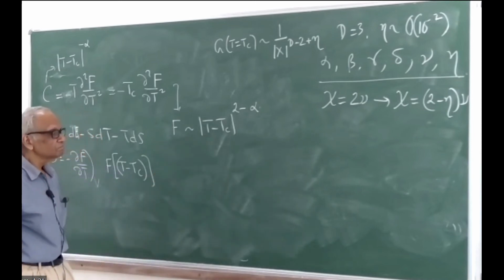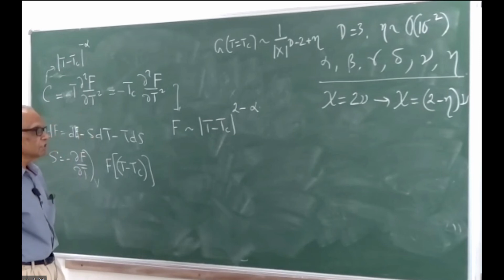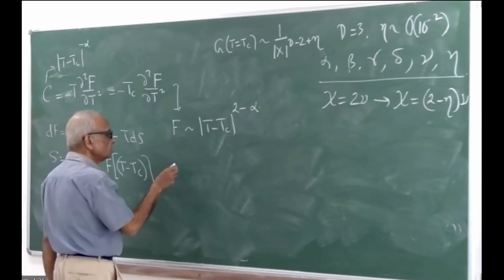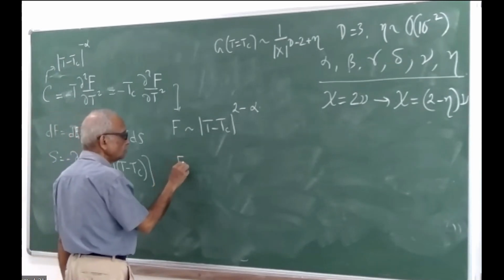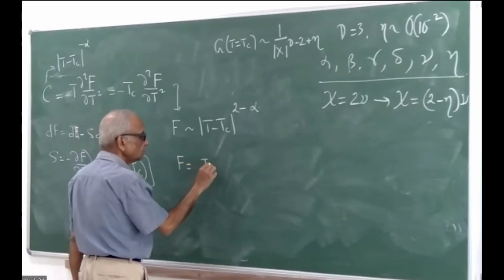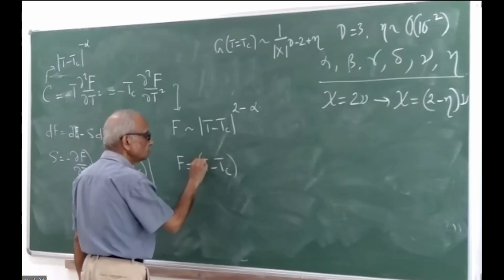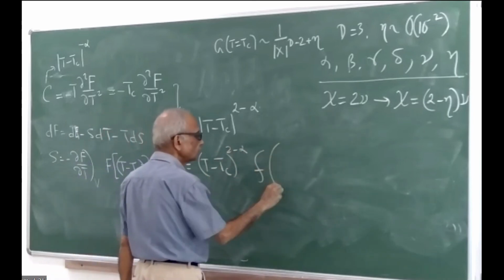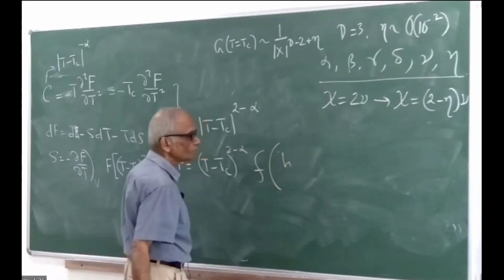So this is with no external field. What if I have an external field? Now the F is going to be T minus Tc to the power 2 minus alpha and some function of h.